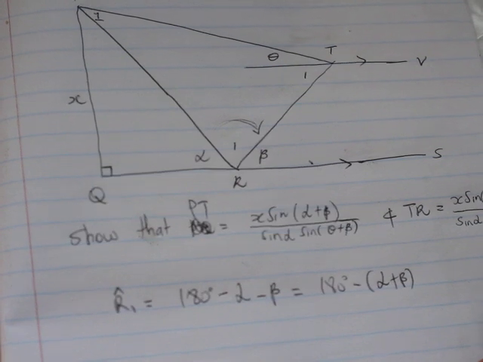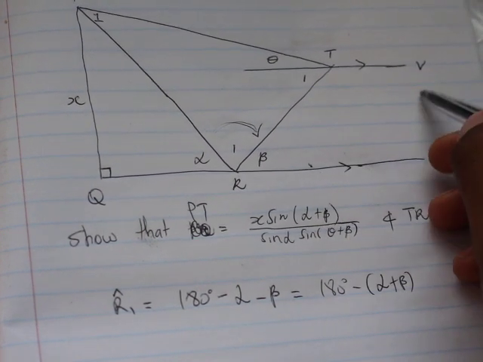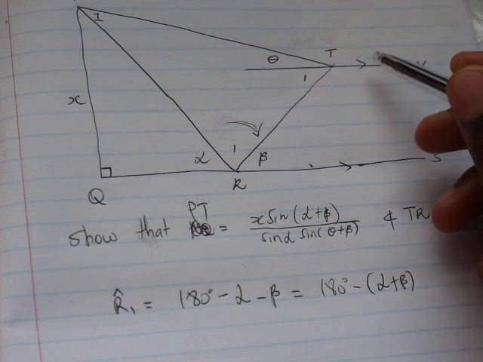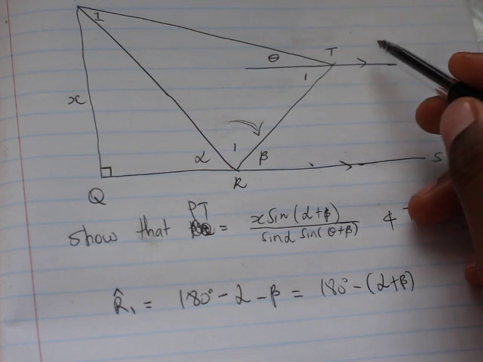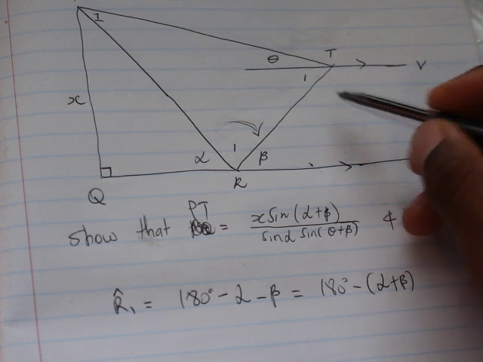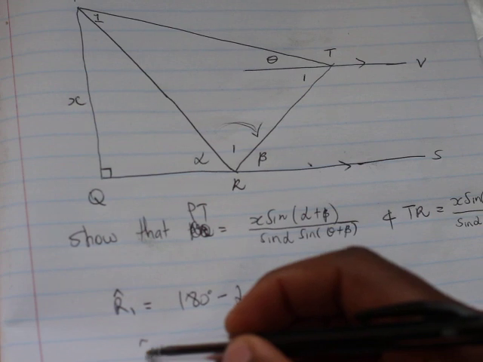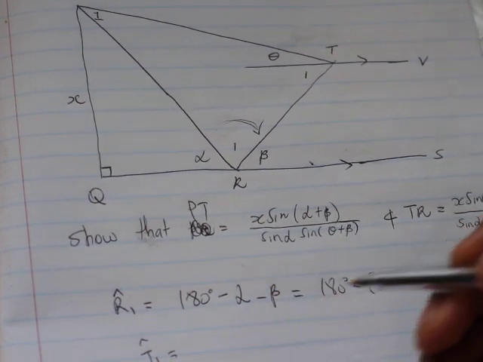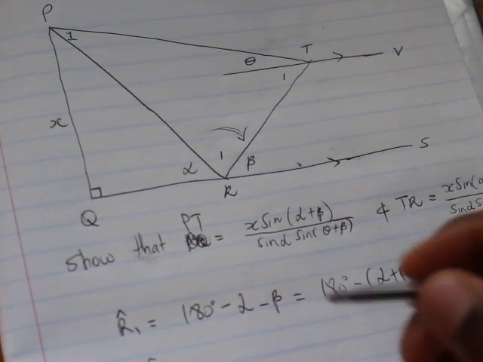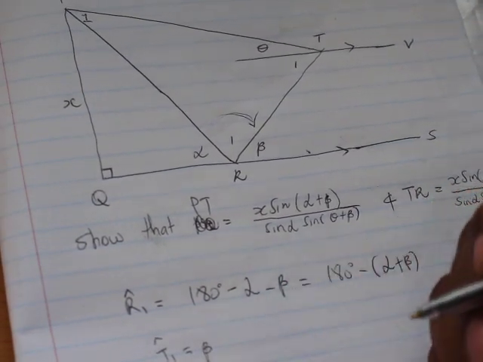Also remember the two lines are parallel, so we can use the fact that parallel lines have alternating angles. So angle T1 is what? I hope we said beta.